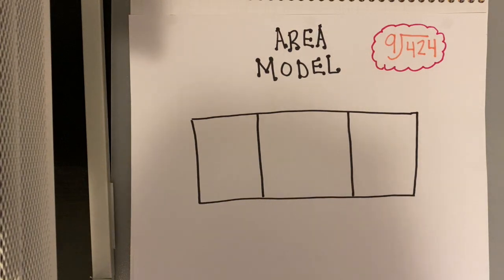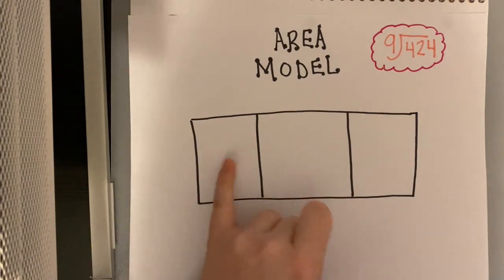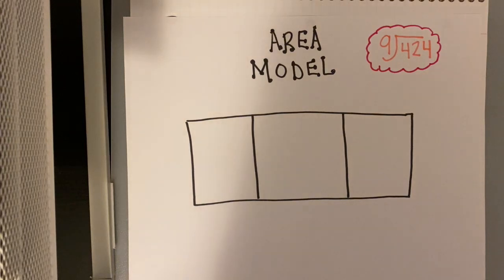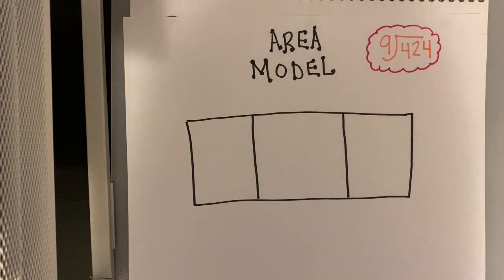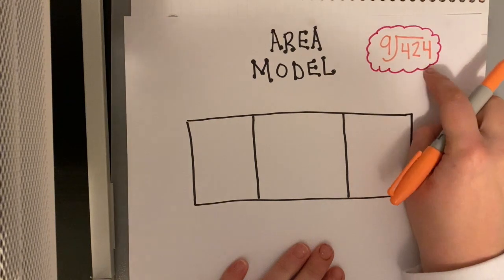Okay, let's do one more together. This one is great because everything is going to move over in every single box, and we're going to have a remainder, so I'll be able to show you what that looks like. Our question for this example is 424 divided by 9.